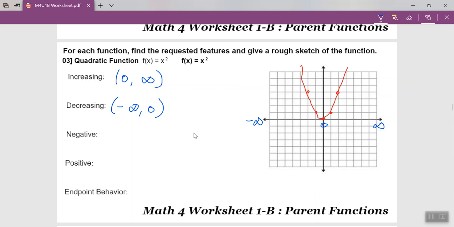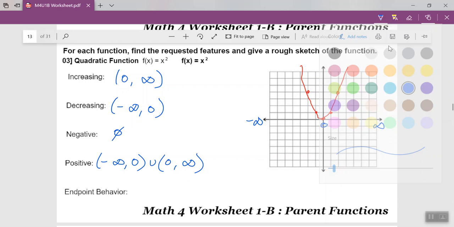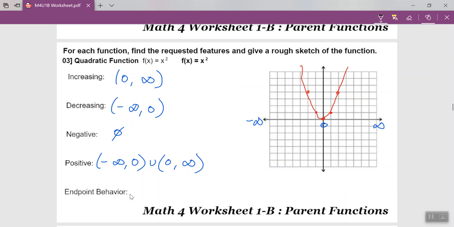Now, as far as the negative is concerned, everything is above the x-axis, well, except for the origin. So for the negative, there is none. And for the positive, it's going to go up to 0, and then take a break, and then pick up on the other side of 0. And so the endpoint behavior, this is going to be a little bit more of a traditional response.